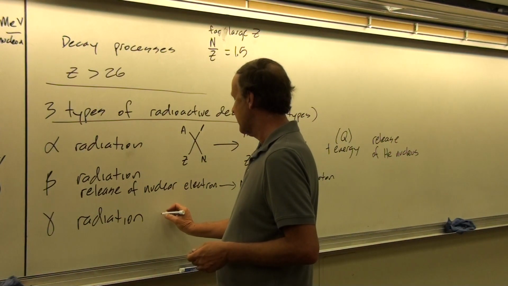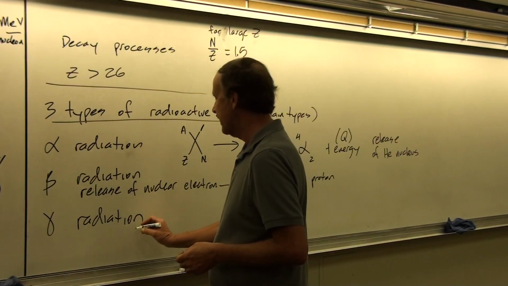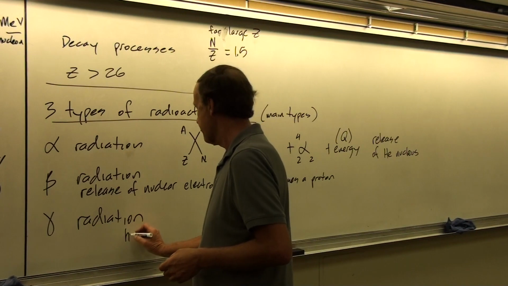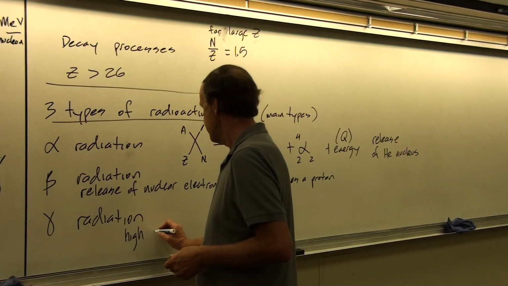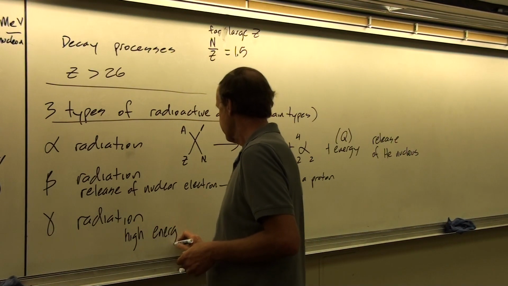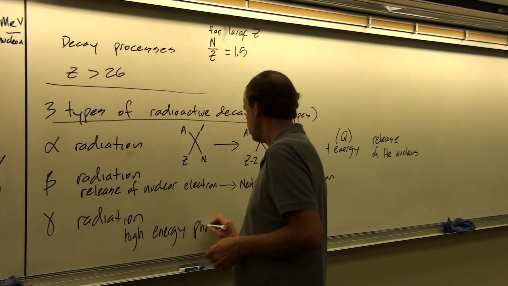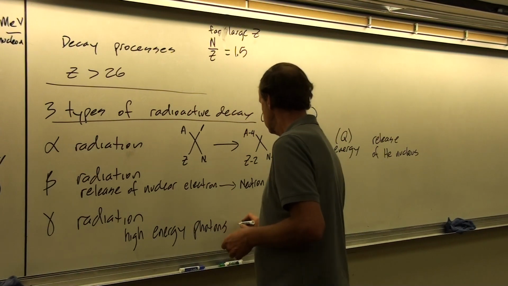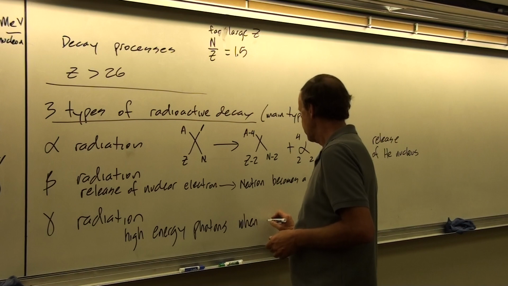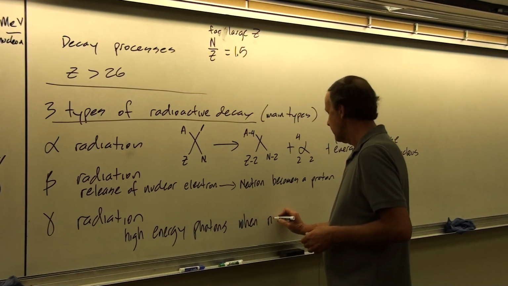Okay. And then finally there's gamma radiation. These are just high energy photons that are caused by a nuclear de-excitation. So the nucleus can decay to a lower energy state.